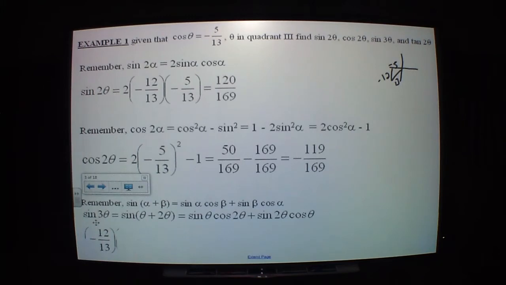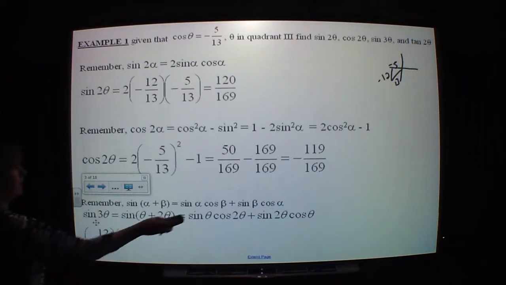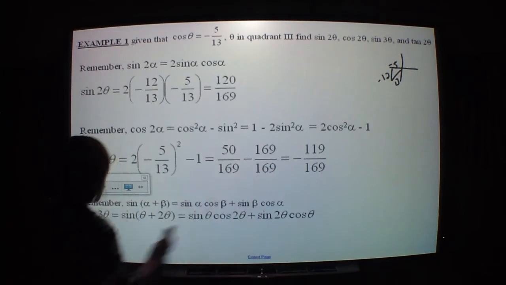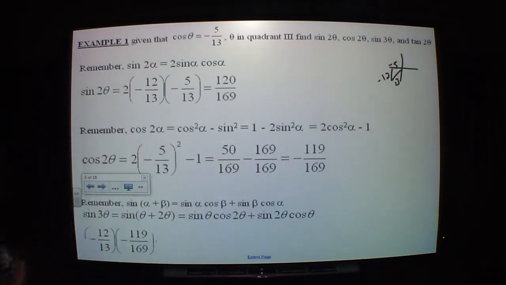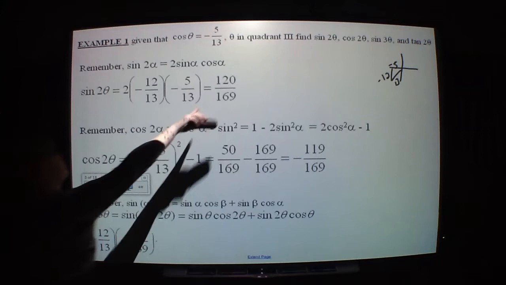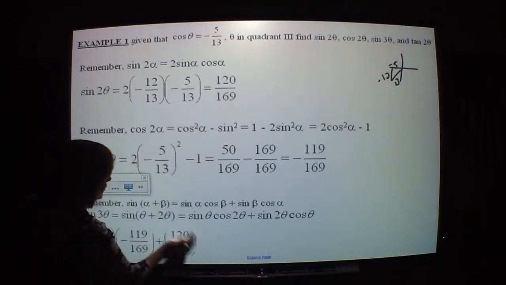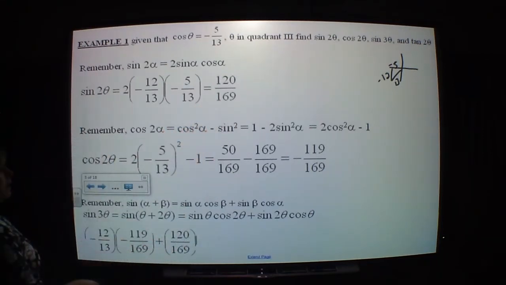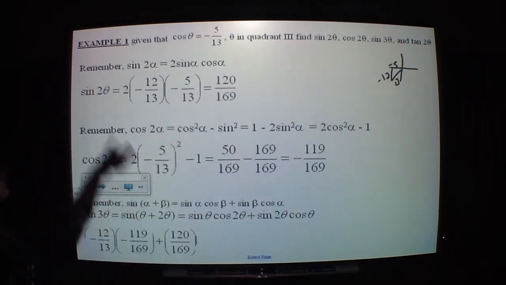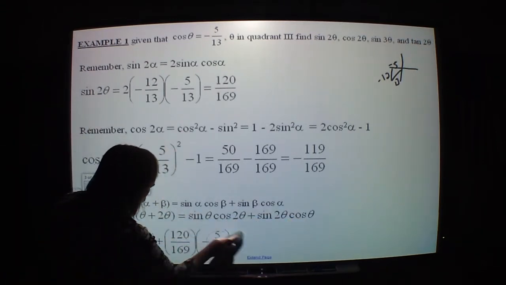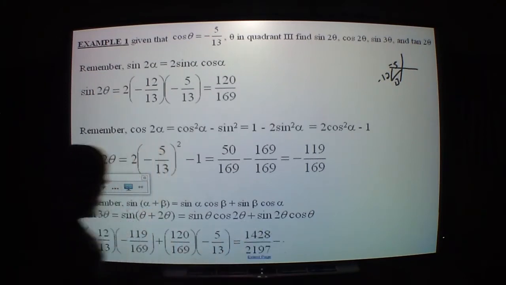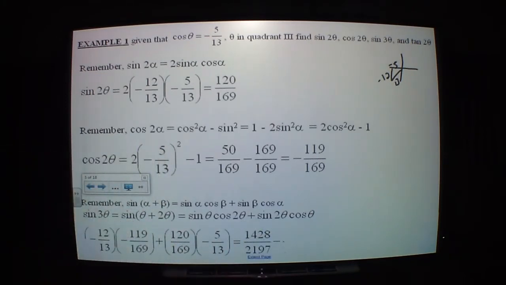My sine is negative 12 over 13. My cosine of 2 theta is negative 119 over 169, plus my sine of 2 theta, 120 over 169, times the cosine of theta. Cosine is negative 5/13. And when you do the math, and I'd probably get my calculator out to do that, 12 times 119 gives you 1,428. 13 times 169 gives you 2,197.